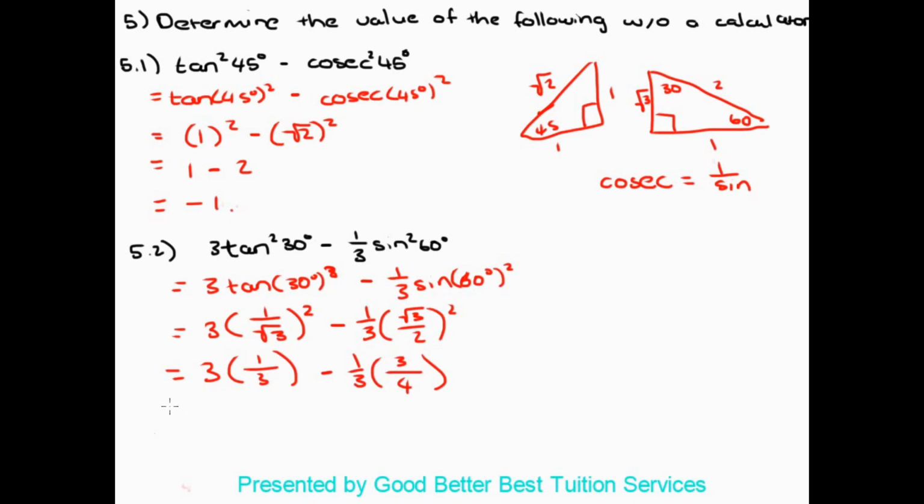And so what's going to happen now is we're going to times the brackets out. So 3 times a third gives me 1, minus, so we're going to go 1 times 3 gives me 3, 3 times 4 gives me 12. And I also know that 3 over 12 is also equal to a quarter. And so I know my final answer here will be 3 over 4.